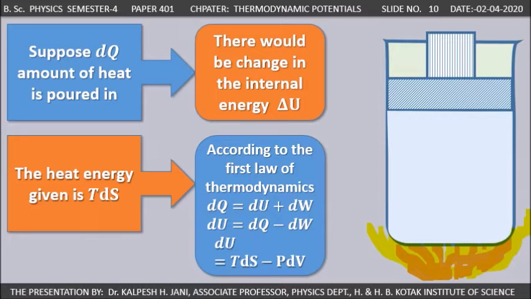So the total increase in the energy retained with the system, which is nothing but the increase in the internal energy part of the system, can be given as TdS minus PdV.